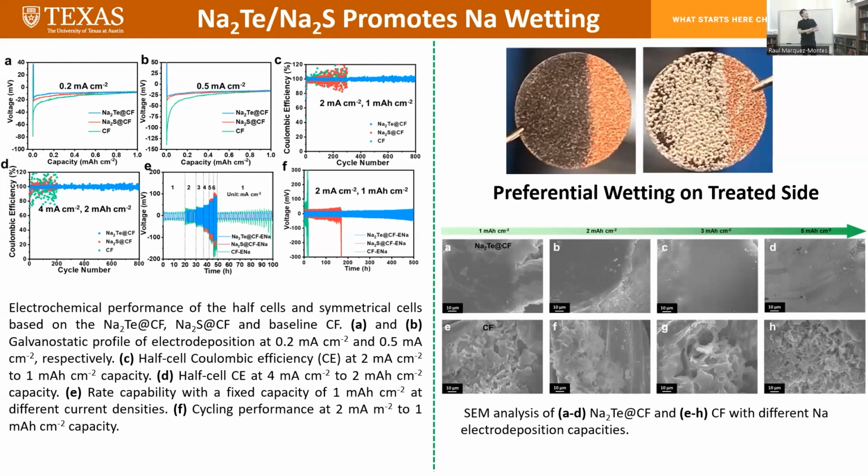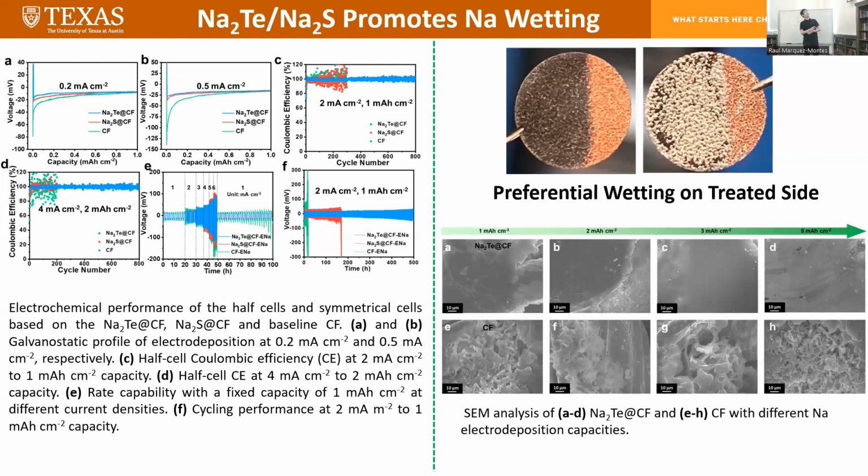All right. So on the right side, this is one of my favorite experiments I did. I made a customized electrode. Basically, I only coated part of the copper collector with tellurium and left the other half uncoated. Then I made a half cell again versus sodium metal. I electrodeposited sodium on top of the collector, and after accumulating a certain capacity, we disassembled the cell.